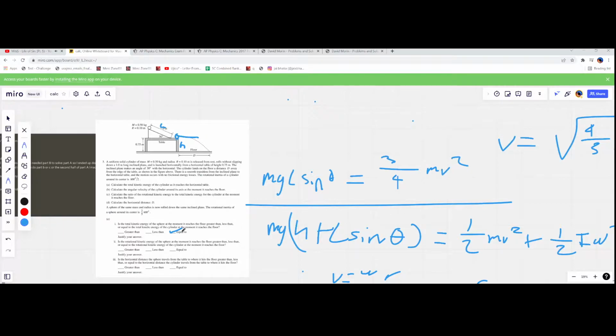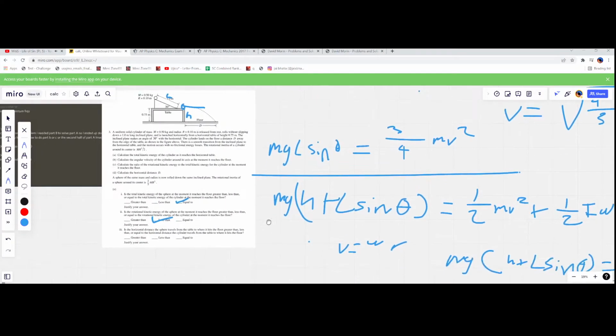Then rotational kinetic energy is going to be less than, because rotational kinetic energy is 1/2 I omega squared, and because I is less, it's going to be less.